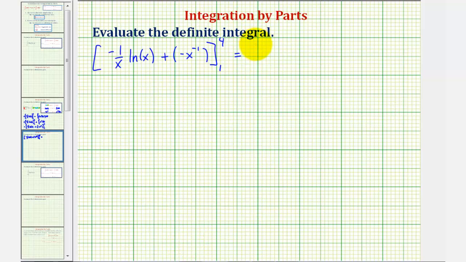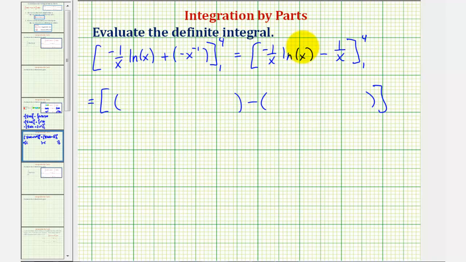Let's go ahead and write this as negative 1 divided by x natural log x. And then let's write this as minus 1 over x. So when x is 4, we'd have negative 1/4 natural log 4 minus 1/4. And then when x is 1, we have negative 1 over 1, which is negative 1, times natural log 1 minus 1 over 1, which is 1.